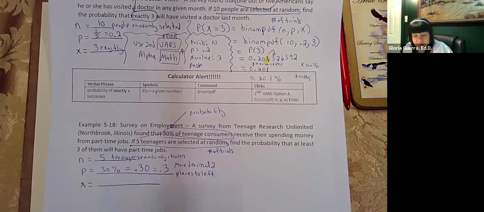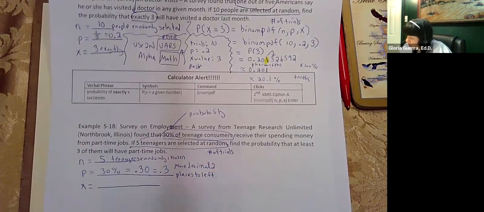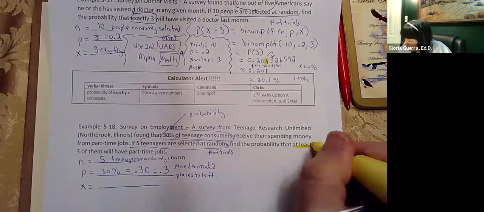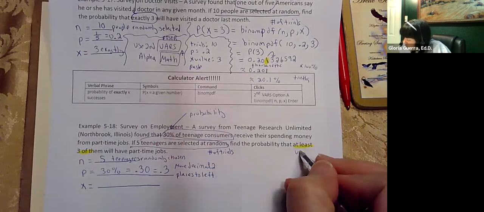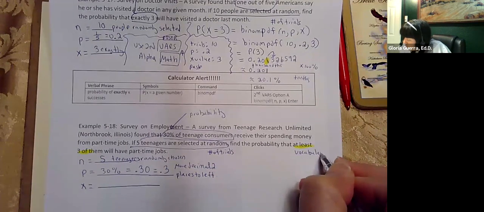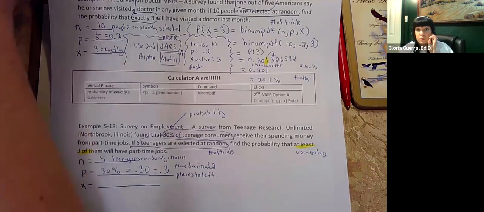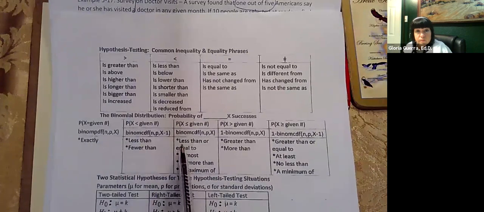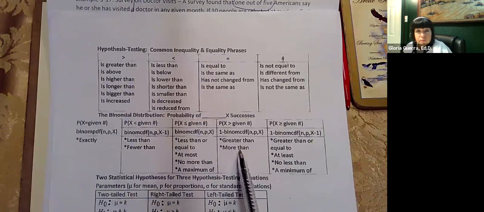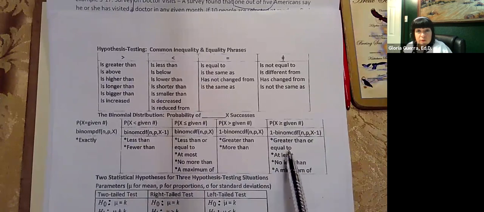Find the probability that at least 3 of them will have a part-time job. Okay, so I'm going to highlight that. That's your vocabulary: at least 3. So what you should do is look for at least on your chart here. Here it is, see?